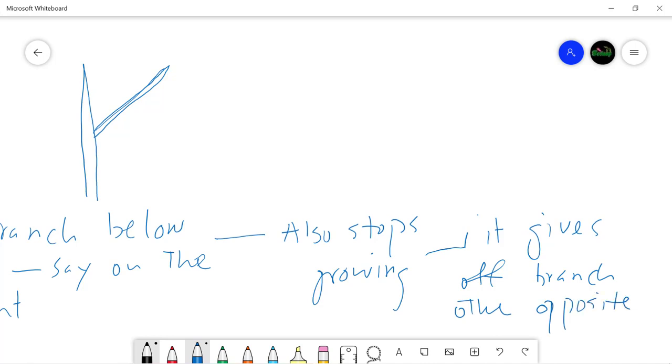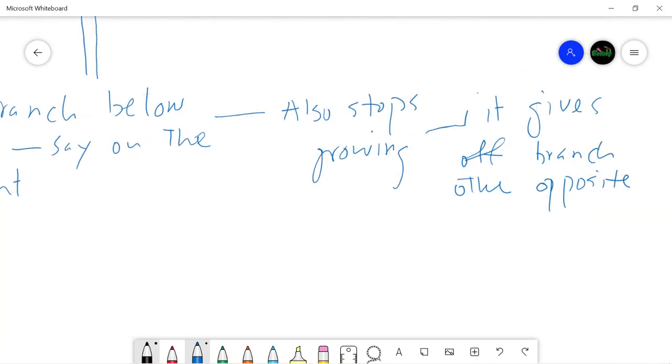As we have already seen that there are two options, either it can branch on the right or it can branch on the left. So it gives off a branch on the left side, and this particular branch again stops growing, and I'm just writing its next branch, now it will branch on the opposite side.